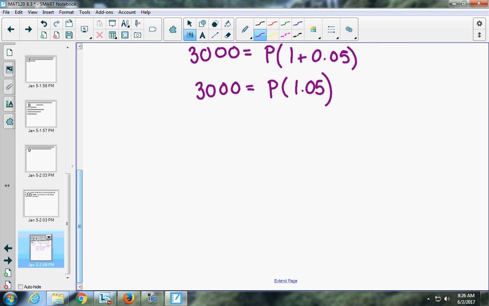Now I can focus on getting P all by itself. It's P times 1.05. To undo multiplication, I use division.